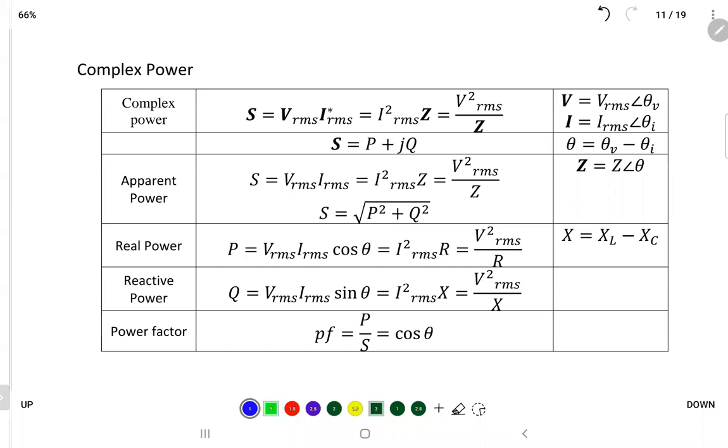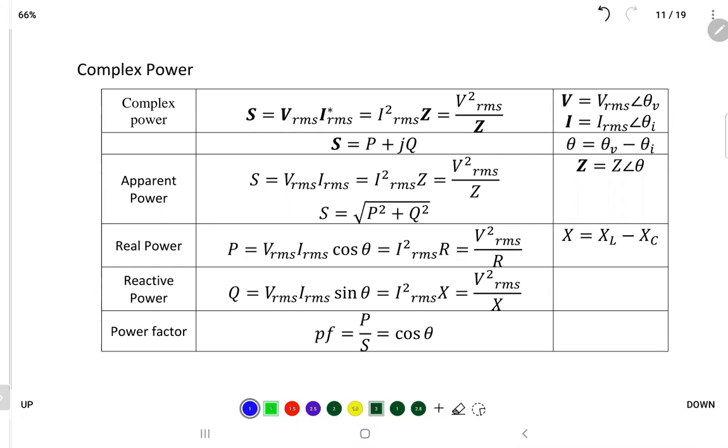The important thing you've got to know: for all the formulas given here, you use the root mean square value of the voltage and current. So you have to make sure that the voltage and current given in the question are in root mean square. If not, transform them to root mean square values. The S called complex power, and I want you to know there is a difference between complex power and apparent power.